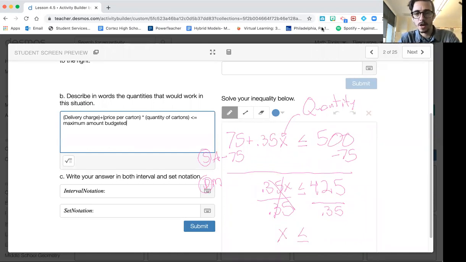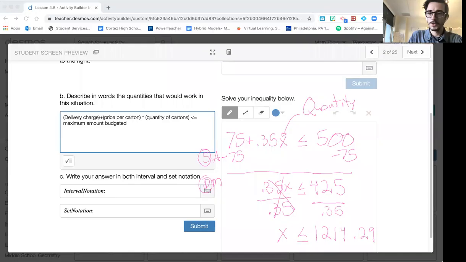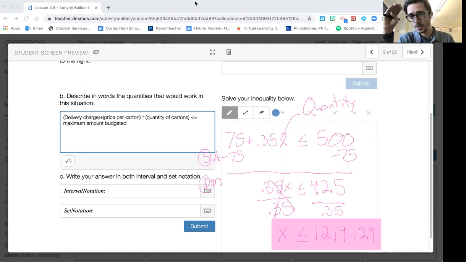So you don't have to switch the sign, but you should have said that X, in this case the number of cartons, is going to be less than or equal to 1,214.29 cartons. So think, are we able to buy 1215 cartons or 1214? Which one makes more sense?